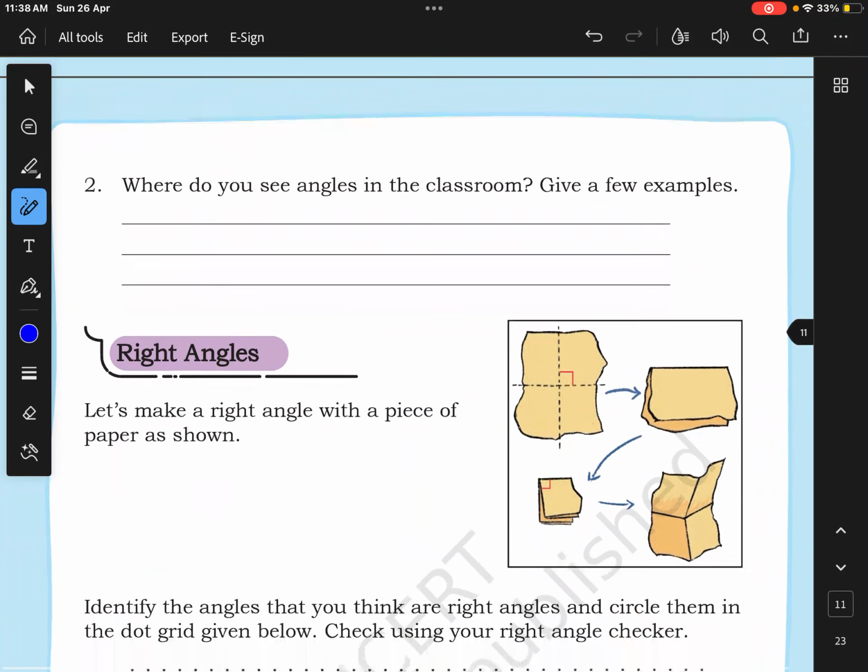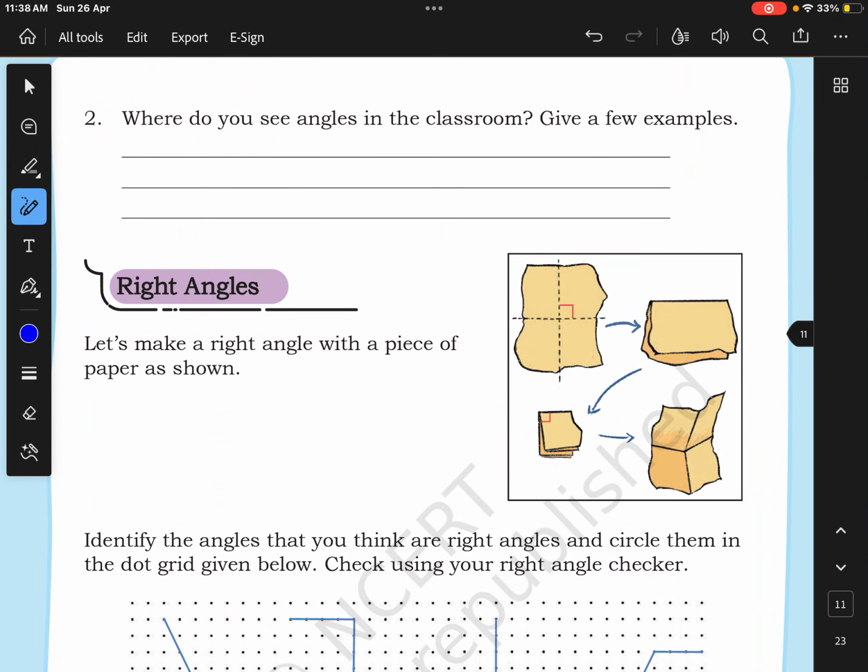Now move on. Where do you see angles in the classroom? Give a few examples. We see angles in the classroom at the wall corner, where one wall and another wall meet and create an angle there. Then on the window corners we see angles.